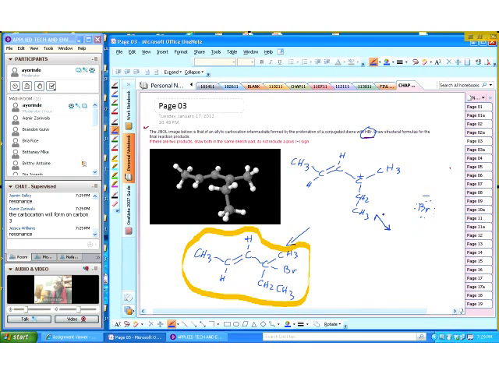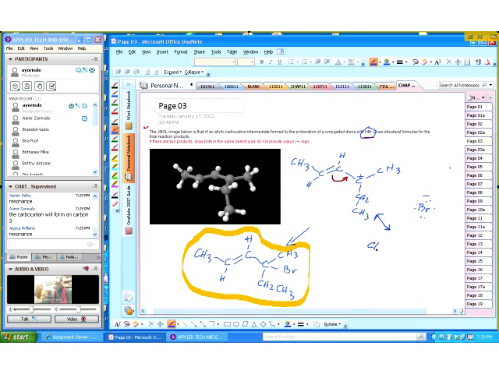We draw a resonance structure of this molecule in which we now move this pi electron to here. So now we are going to form a carbon-carbon double bond here, which means that the carbocation will be on this carbon. So let us draw that.